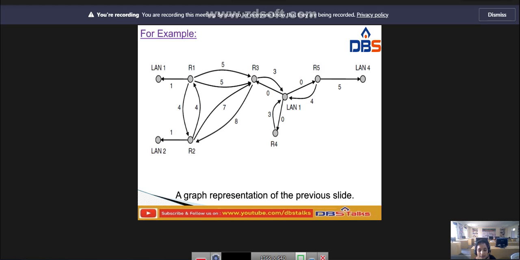So, the database description messages give the sequence numbers of all the link state entries currently held by the sender. By comparing its own values with those of the sender, the receiver can determine who has the most recent values. These messages are used when a link is brought up.